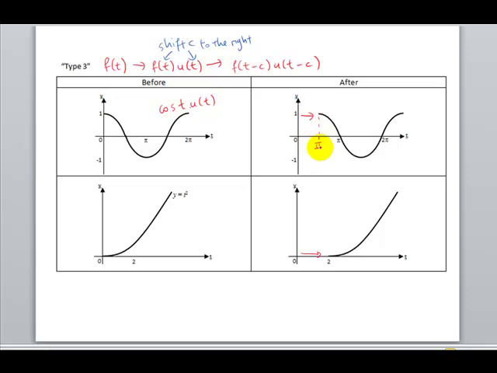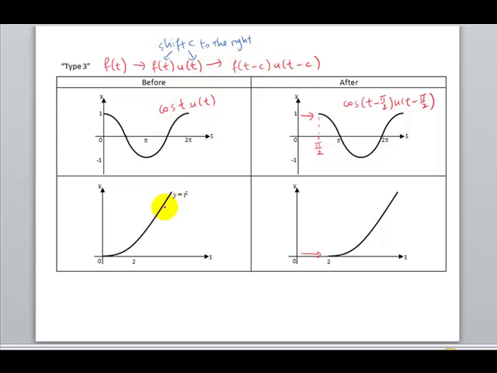Let's suppose it's shifted by pi by 2. So the function cos t u(t) shifted by pi by 2 to the right. So instead of writing t, I write t minus pi by 2, u(t minus pi by 2). This represents a shift of pi by 2.